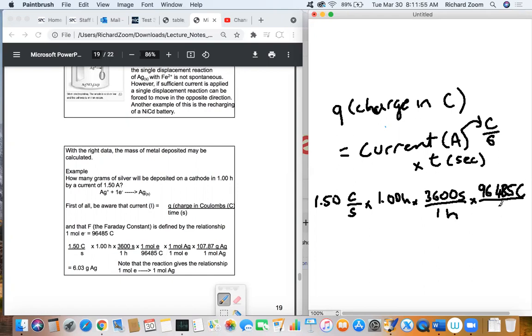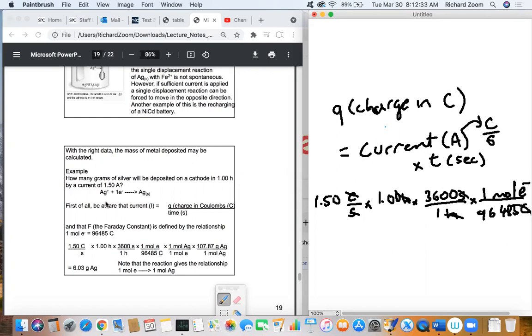Sorry about that, 1 mole of electrons, I meant to say, is 96485 coulombs. And you can see that if we did that, we could cancel out everything, the hours, the seconds, and we're just left with moles of electrons.